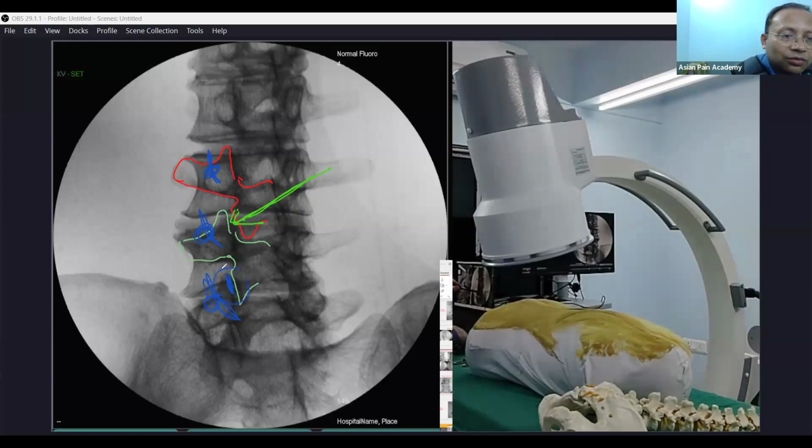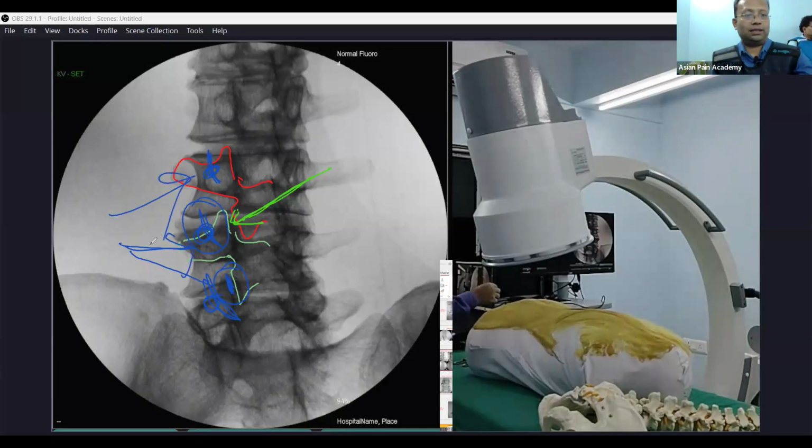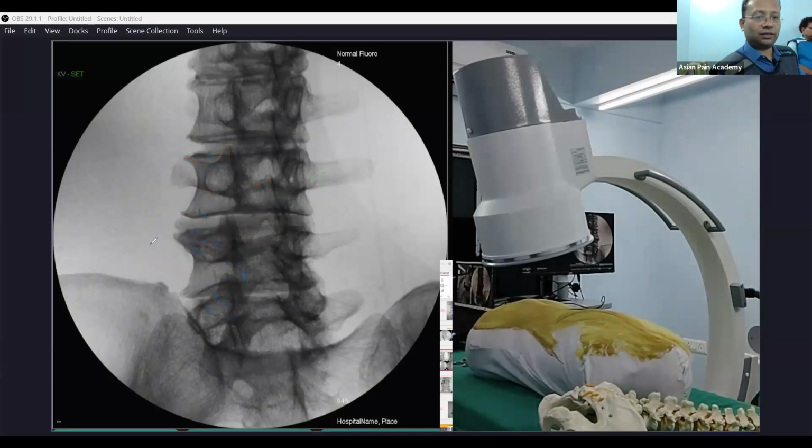So this one will be supplied by this one and this one, and the upper one, this one, is supplied by again this one and this one. Okay. So it is like that. So now say I want to go for L34 left side, so I will put my needle here.